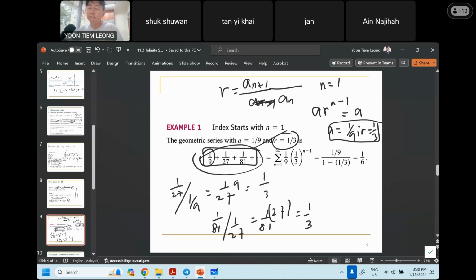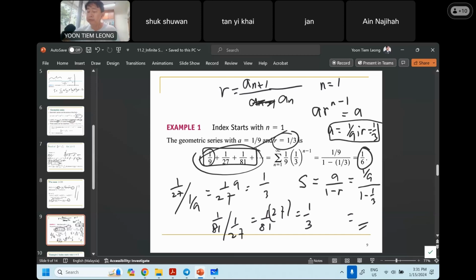Now, once you have determined the first term and the ratio for the geometric series, then the sum of the geometric series can simply be expressed as a over 1 minus r. So here, a is the first term, 1/9, and r is just the ratio of 1/3. That will give you the sum of the infinite series.